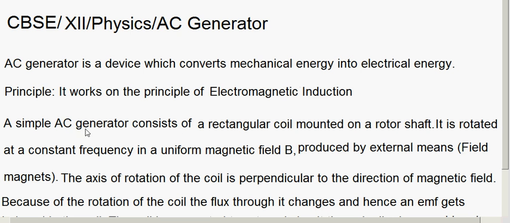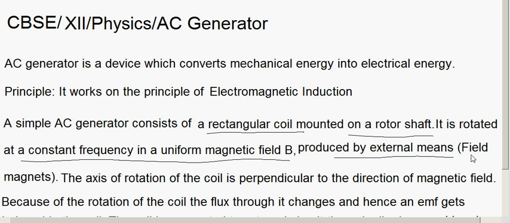Therefore, basically we can say an AC generator consists of a rectangular coil mounted on a rotor shaft. This is why it is called rotor shaft, because the coil is mounted on a shaft and it is rotated in the magnetic field, and by rotating it you are changing the flux linking the coil. It is rotated at a constant frequency in a uniform magnetic field B, which is produced by external means.